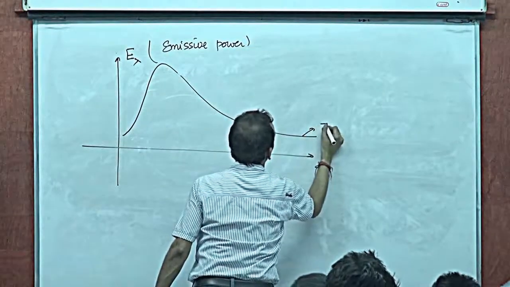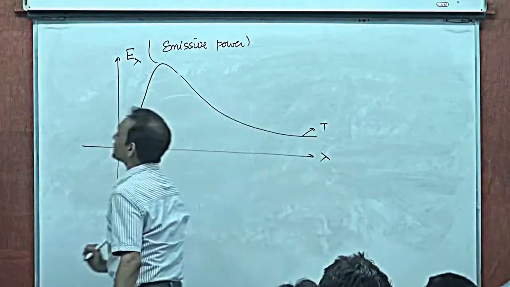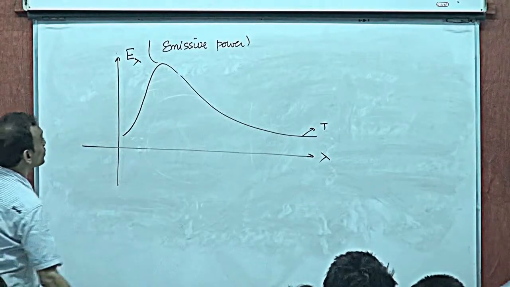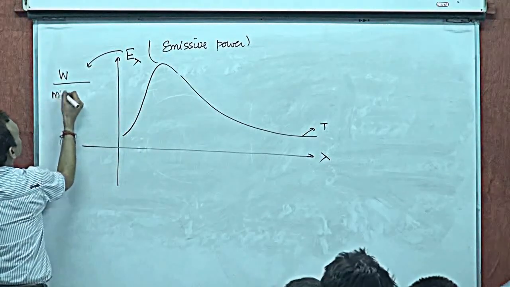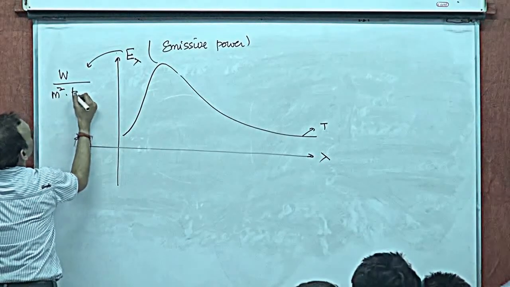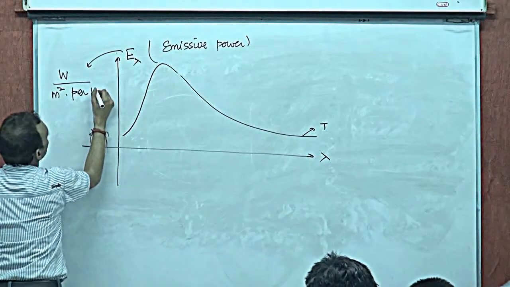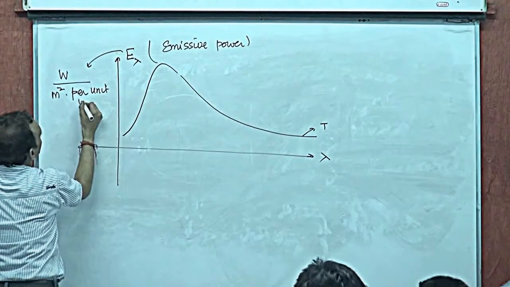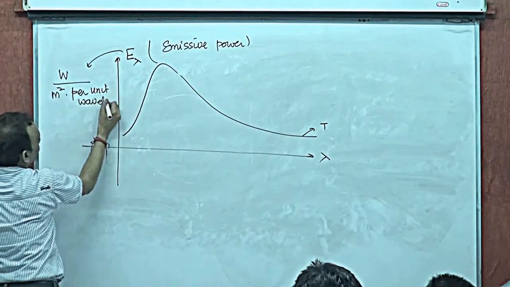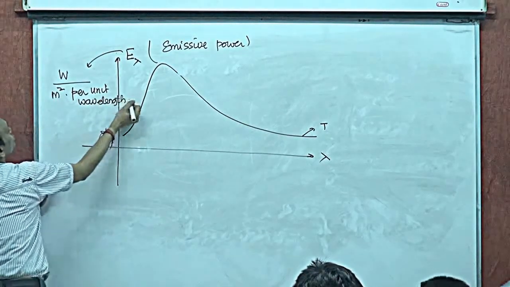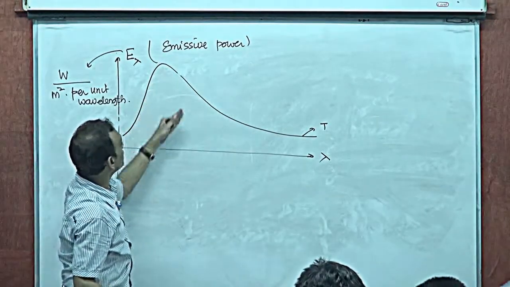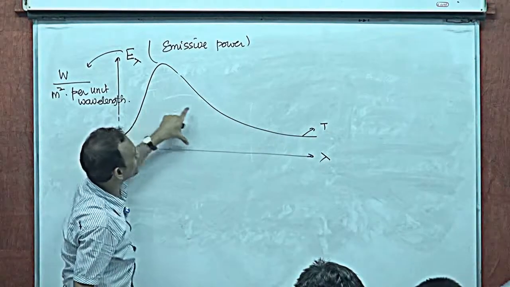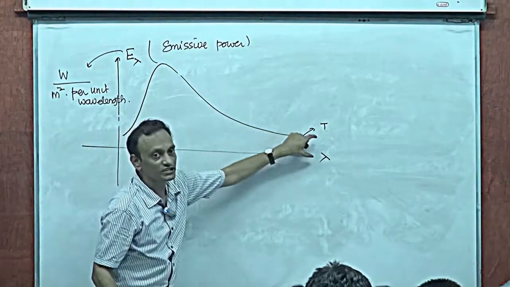At temperature T, as a function of wavelength lambda, what it really means is watts per meter squared per unit wavelength. Let me explain to you what this E lambda actually means. This is at a temperature T, watts per meter squared per unit wavelength for various values of lambda.